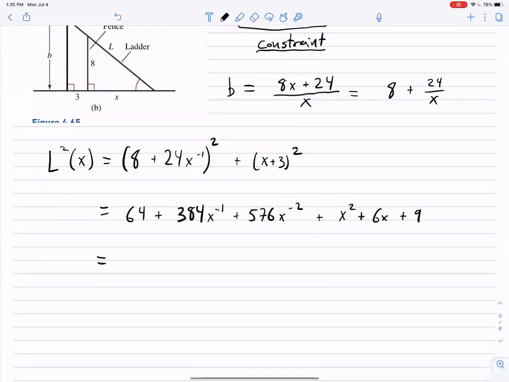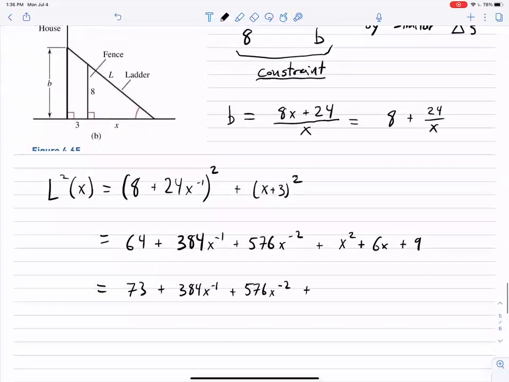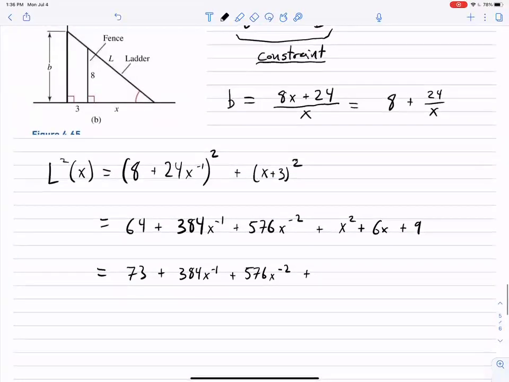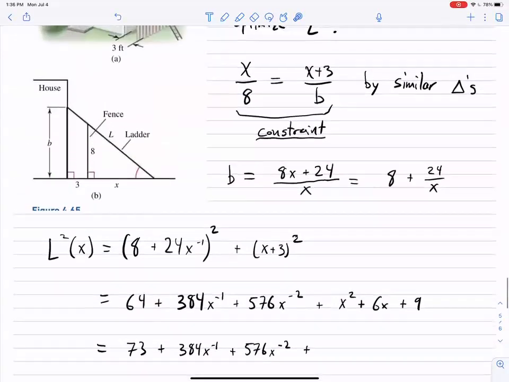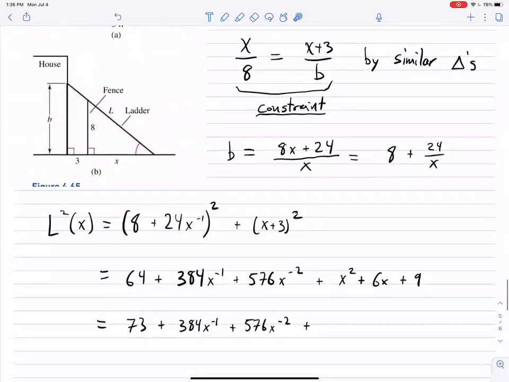So what do we finally get? 73 plus 384 X to the minus 1 plus 576 X to the minus 2 plus X squared plus 6X. I have a feeling this is not the way I want to do it, because if I factored this 8 out, that might be better. Do I want to do it this way?